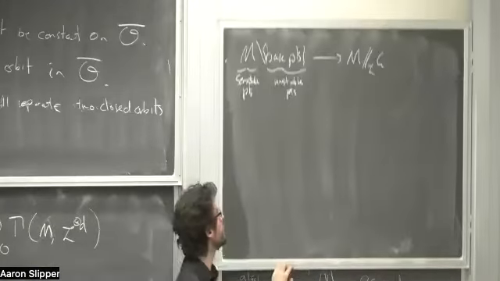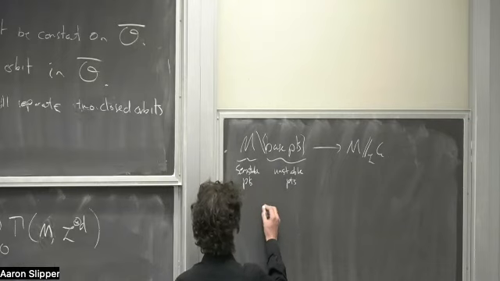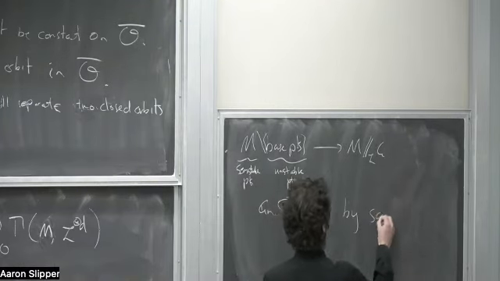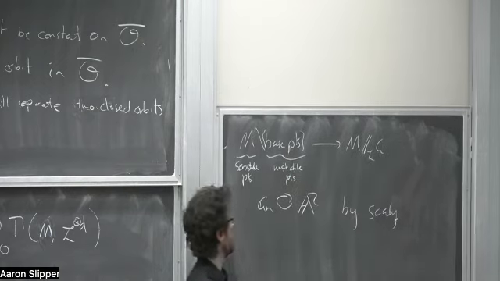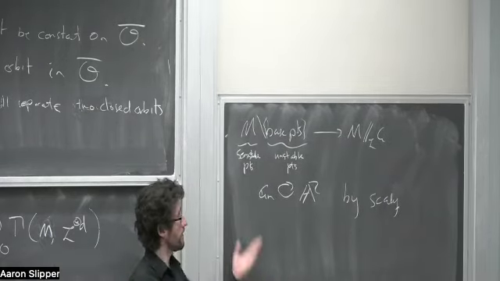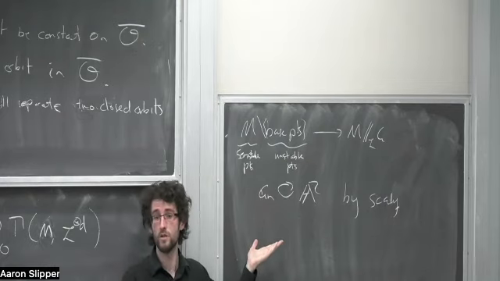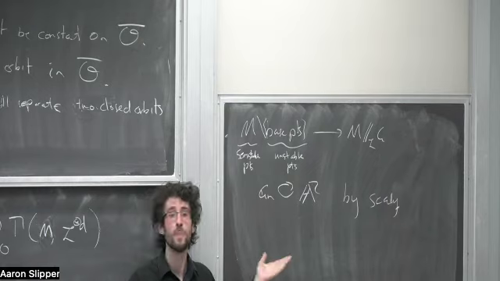Perhaps a natural example is if I take G_m acting on C by scalars, and then if I just take the naive quotient, I'm just going to get a point because there's one closed orbit corresponding to 0.